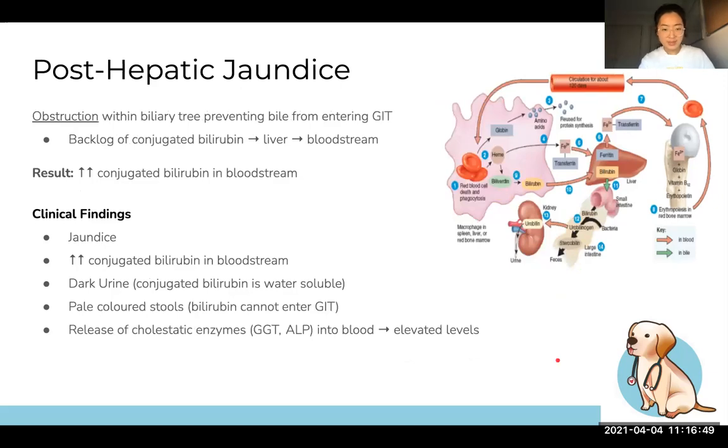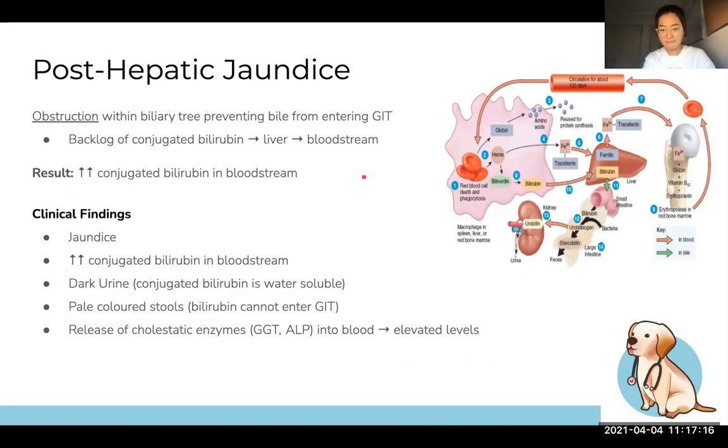And then post-hepatic jaundice, this is usually due to some kind of obstruction within the biliary tree that prevents the bile from actually going through and entering into the GIT. So what you essentially get is a marked increase in conjugated bilirubin in the bloodstream. So you will end up with dark urine because you've got that conjugated bilirubin being water soluble, but also pale colored stools.